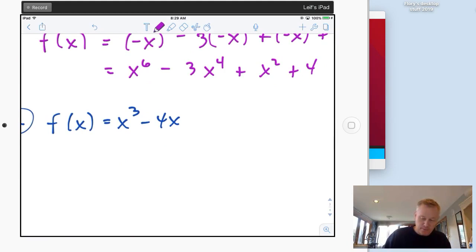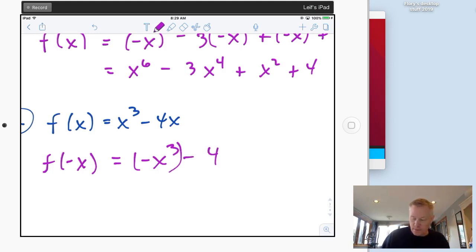This one, if I plug in -x, I get (-x) to the 3rd minus 4 times (-x). With this one, I get the opposite, everything is negative.